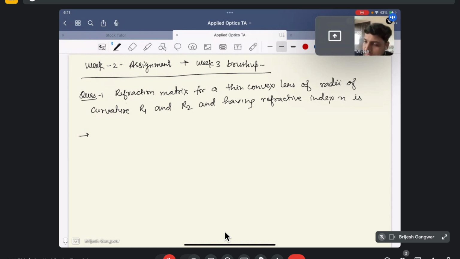In the second week assignment, our first question is: what is the refraction matrix for a thin convex lens of radii of curvature r1 and r2 and having refractive index n?